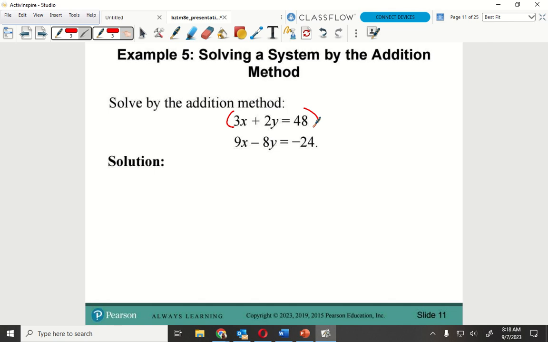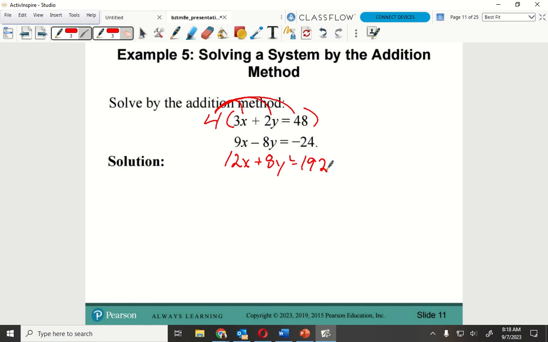Positive 4, right? So if I multiply everything by positive 4, and I will show my distribution here. 4 times 3x is 12x. 4 times 2y, positive 8y, equals, and 4 times 48, 192.